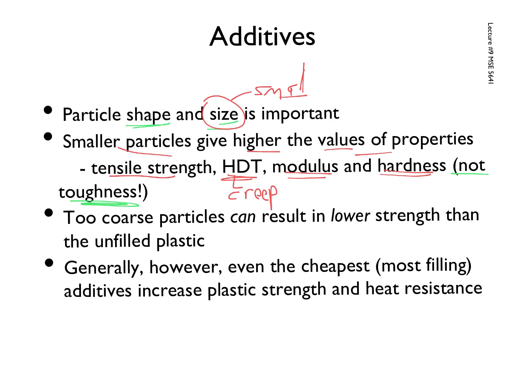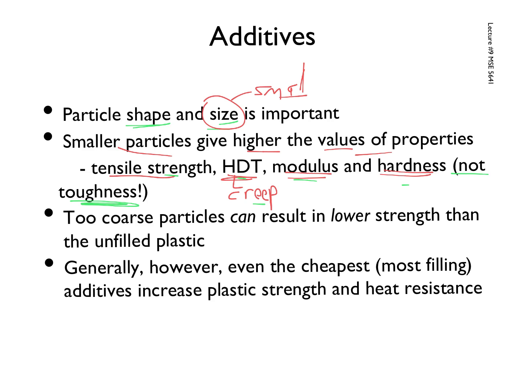So a lot of people spent a lot of time working on nanocomposites thinking that the toughness is going to go up, and it didn't. In many cases it stayed the same, and in other cases it went down when you added these nanoparticles to the polymer. But in general, tensile strength, heat deflection temperature, creep, modulus, and hardness are all just going to increase. You need to think about the nature of how you measure these things.